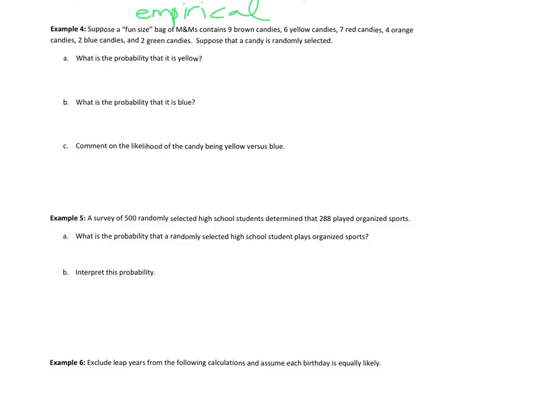Whatever color it is, just reaching into the bag and picking out a single M&M, each M&M has an equally likely chance of getting picked because it's randomly selected. So this is telling us we're going to use the classical method. It's a counting game. So for the probability that it's yellow, we look at the number of yellow, which is given to us as 6 yellow candies, over the total amount of M&Ms. And how many M&Ms are there?